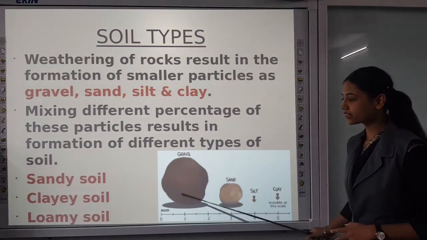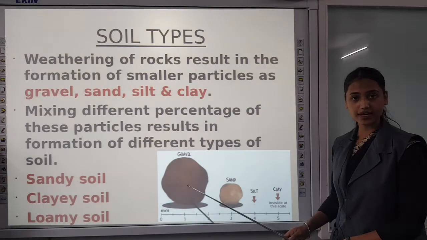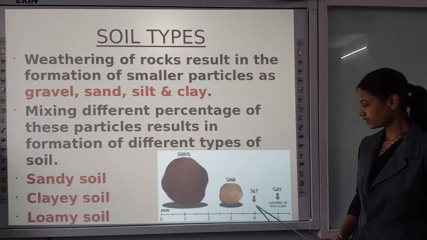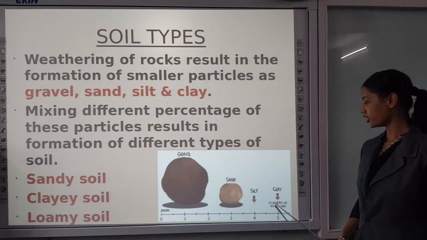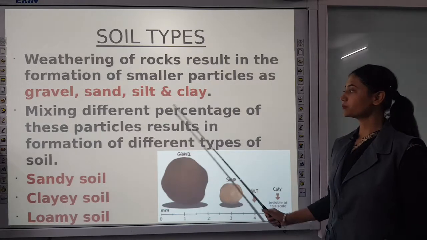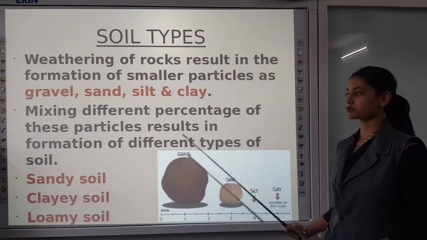Here we have compared their sizes, like gravel is largest in size, then next is sand particle, then silt very small, and then clay. It is invisible at this scale. Now mixing different percentages of these particles results in formation of different types of soil.